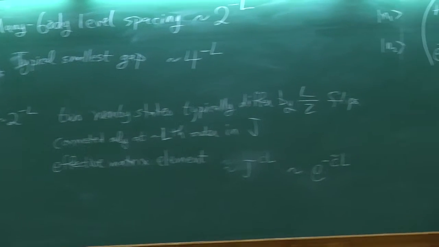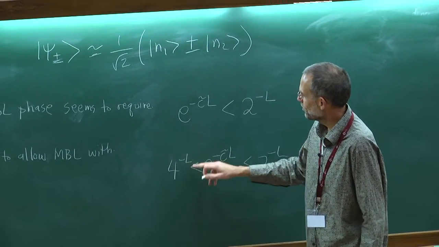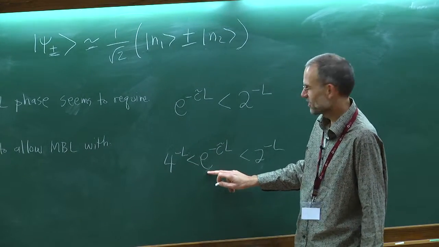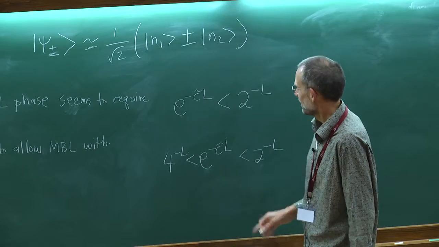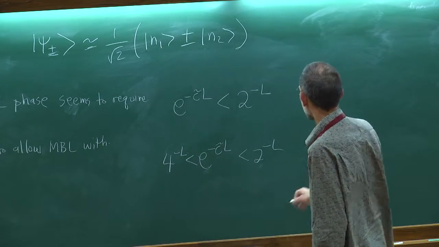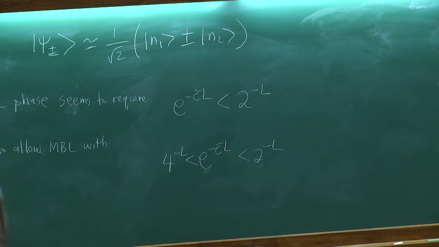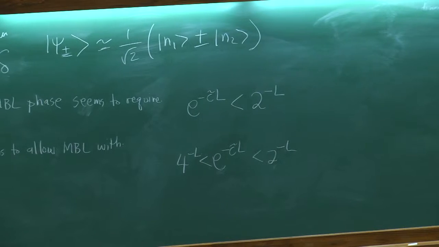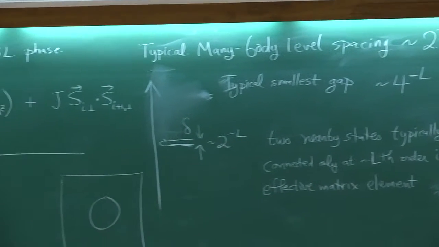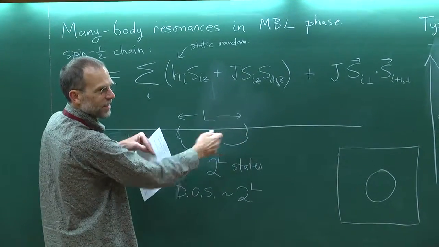You know, the smallest gap is 4 to the minus L, and so there'll be many gaps that are smaller than this, right? Because this is bigger than this, right? And so in this interval, I take a typical Hamiltonian, look at a typical location, and there are resonances on scale L, and there are resonances on all scales.